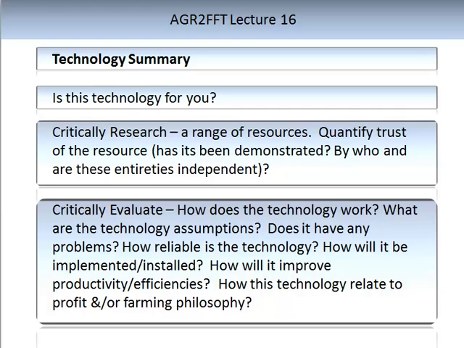Well, the first stage is good, robust, critical research. This tends to be best provided by a range of resources. I would definitely promote quantifying trust of the resource. Who's written it? Why have they written it? Has the technology been demonstrated to show the outputs that you hope to gain?